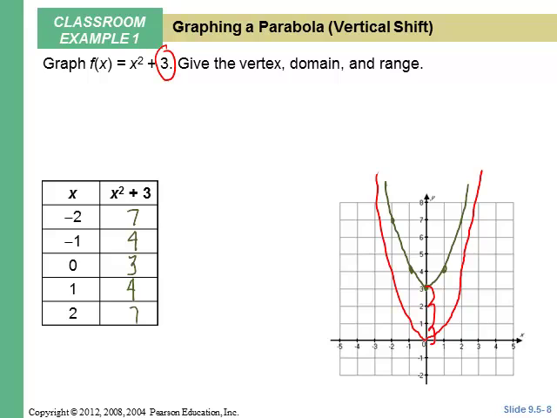Give the vertex. Here's the vertex, 0, 3. The domain is all the real numbers. The range is from 3 to infinity. Bracket 3, comma, infinity.